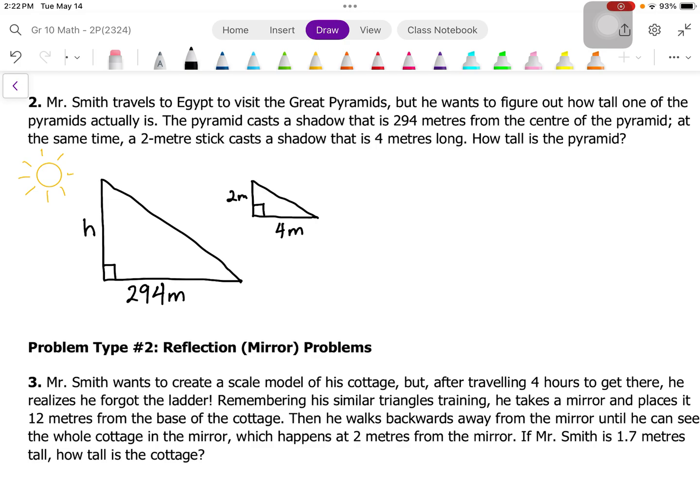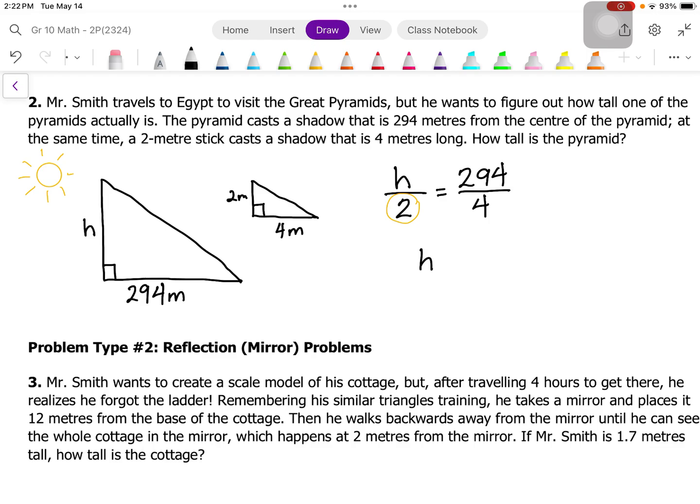So this time I'm going to do the height of the pyramid to the height of the meter stick is equal to the shadow of the pyramid to the shadow of the meter stick. To isolate the height and solve for it, I need to move the 2 over.